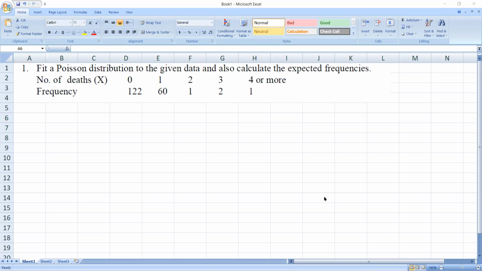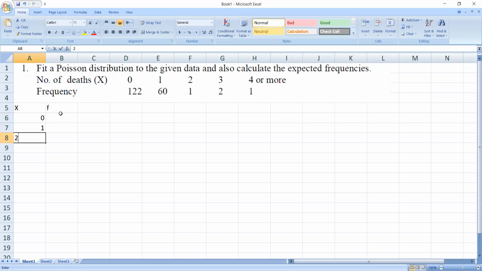So the question says fit a Poisson distribution. Lambda is not given, so we have to estimate the lambda. One of the methods of estimating lambda, as said in the previous class, is the method of moments, where we compute the sample moment and equate it to the population moment. We talk about moments about origin here, and lambda is nothing but the mean of the population.